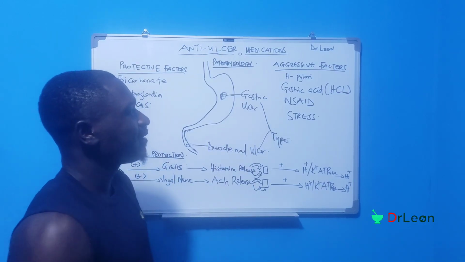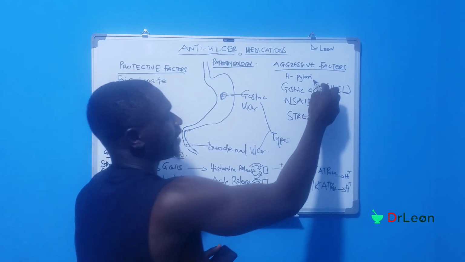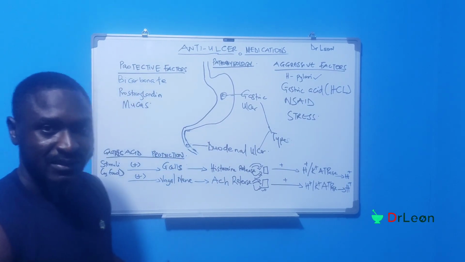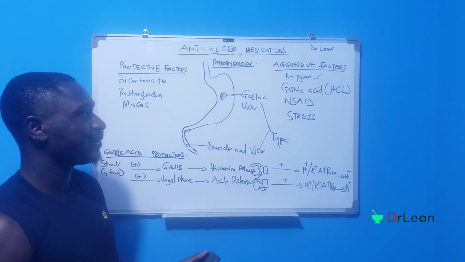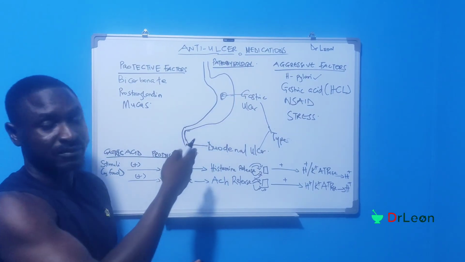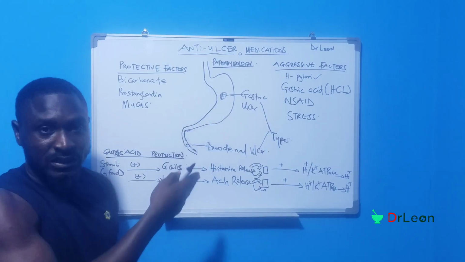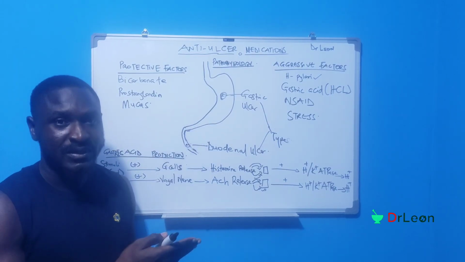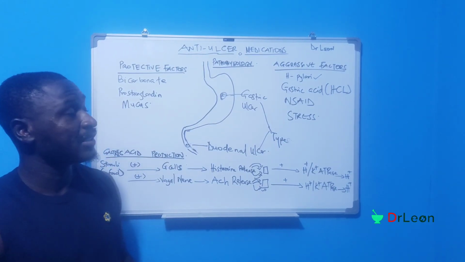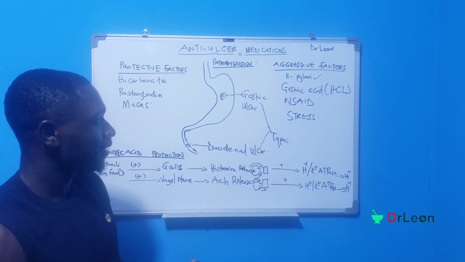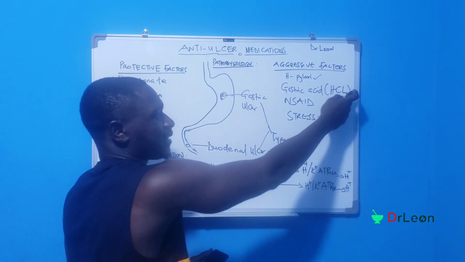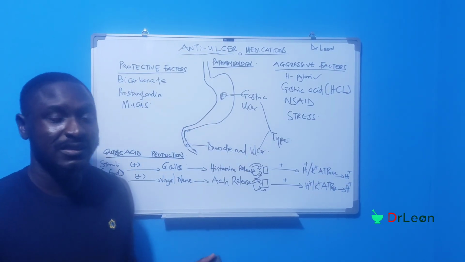And then to the aggressive factors, we've already talked about H. pylori. It's a bacterium, an organism that can cause inflammation in the mucosa or in the epithelium, and that can lead to the breach, or to the ulcer. We also have acid itself. Production of acid is a good thing.